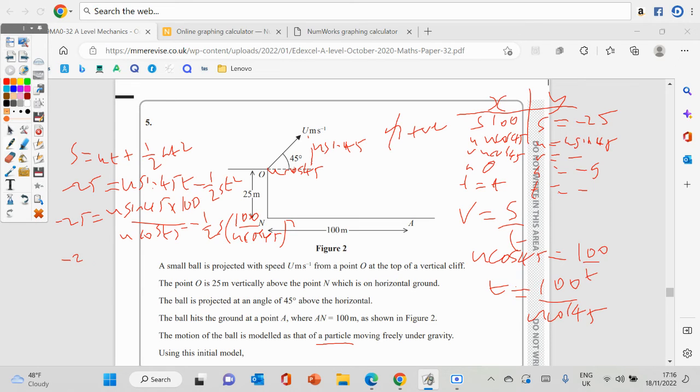So I'm going to get minus 25 equals, the u's cancel, sin over cos gives you tan, so 100 tan 45, minus half g of 10,000 over u squared cos squared 45.